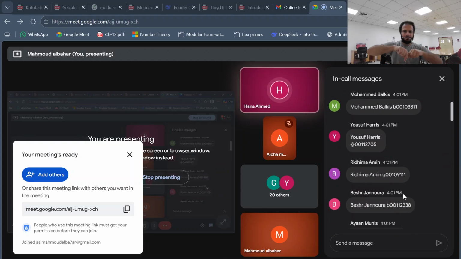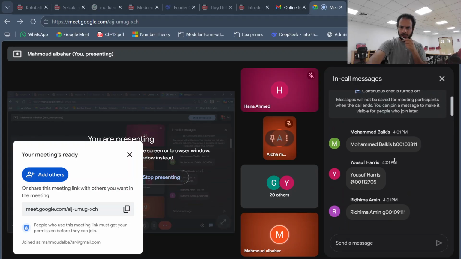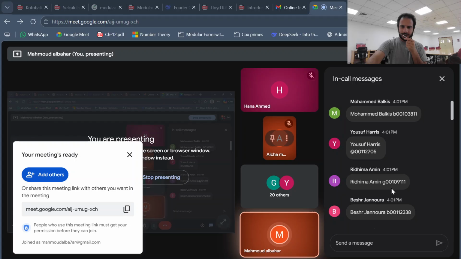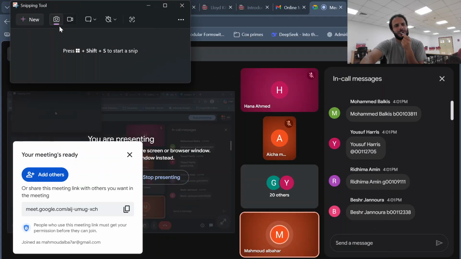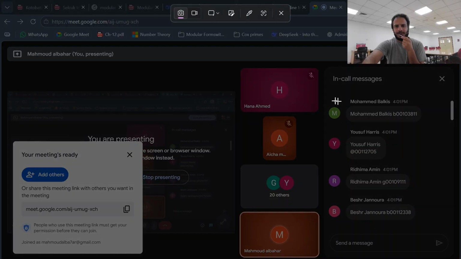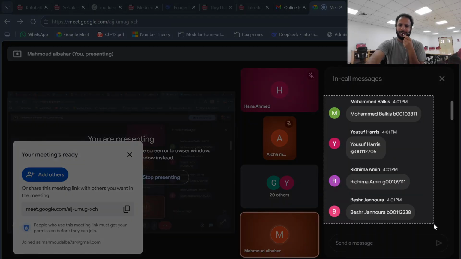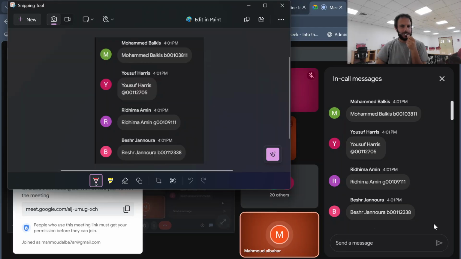I wrote my name twice, one with an ID and one without, because I forgot the first time. No problem. Now I will just take a screenshot of these to make it easier for later, because later we need to fill it in the Excel file. And it will be hard to take it from the video, right? I need to make it as efficient as possible for myself.